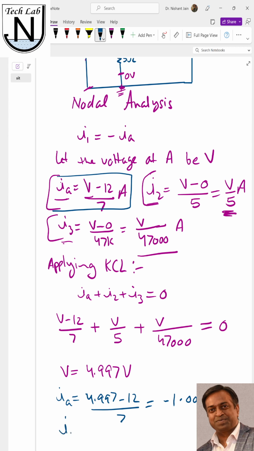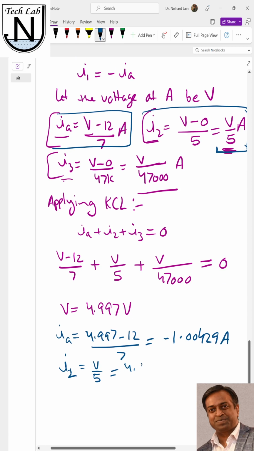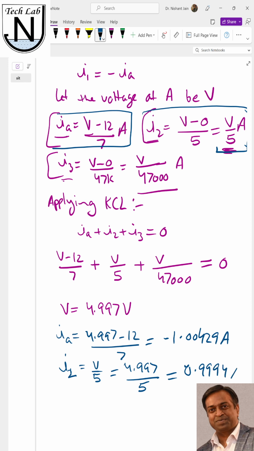Similarly, if I substitute the value of V in I2, it is V upon 5. The value of V is 4.997, so 4.997 upon 5, and I will get something like 0.9994 ampere.